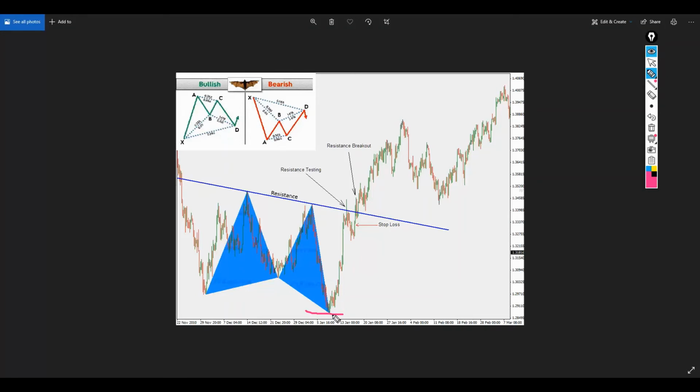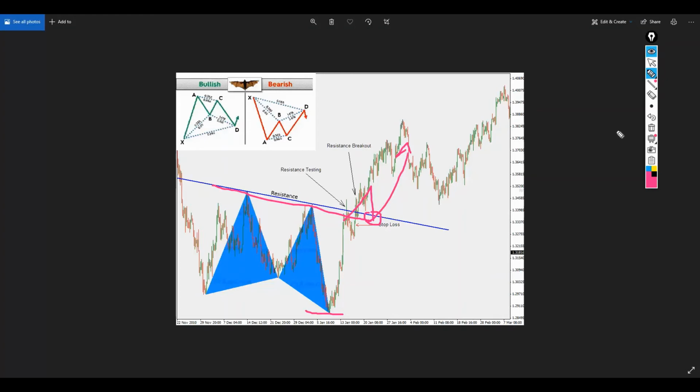So we can enter at the end of the confirmation. Then we just wait for the market to break the resistance. Second entry is by touching the resistance, and then riding the market. So this is going to be a high reward to risk trade for us, and that's all we're looking at.